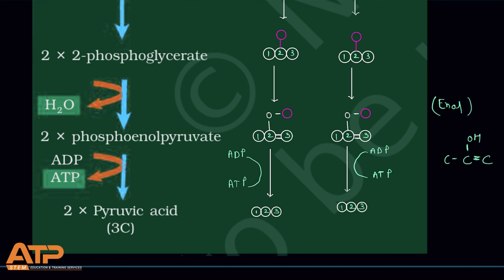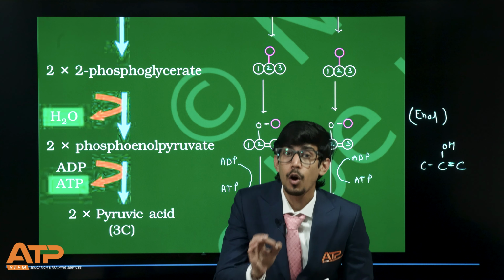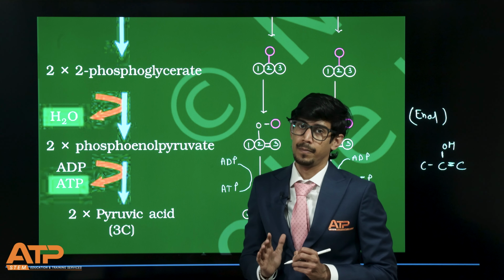As you can see, the second and third carbon atoms have a double bond, and on the second carbon we have oxygen, and the hydrogen is gone and a phosphate is attached. So we get 2 molecules of phosphoenol pyruvate.